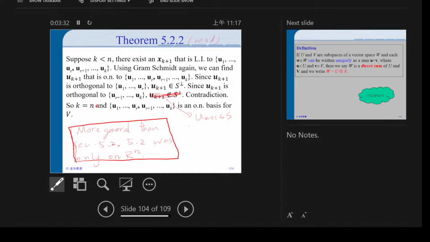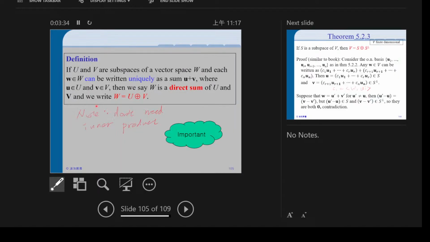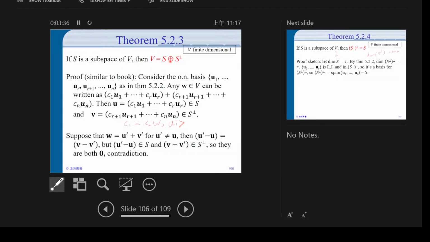With our modified theorem 5.2.2, it's pretty straightforward to prove this modified theorem 5.2.3. So we have: if S is a subspace of V, now here we need to say a long string of things. V is a finite dimensional inner product space, because only on an inner product space can we define orthogonal.